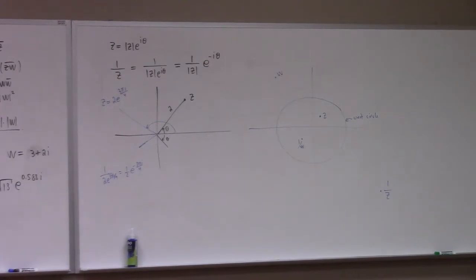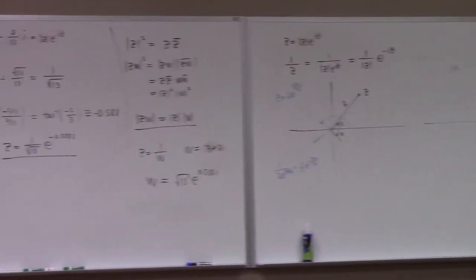What does it mean for a function to be complex differentiable? If we have a function going from complexes to complexes, it is complex differentiable at z equals z naught.